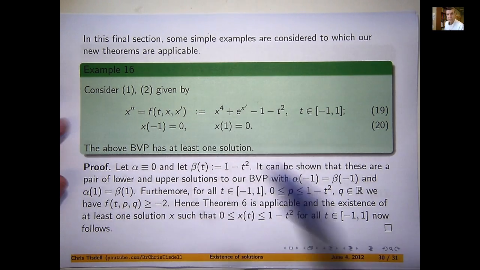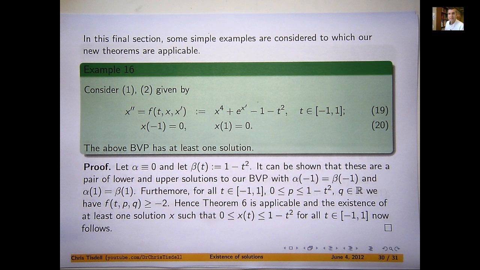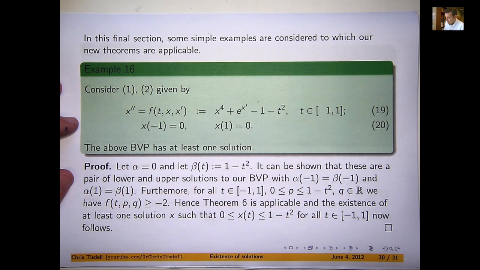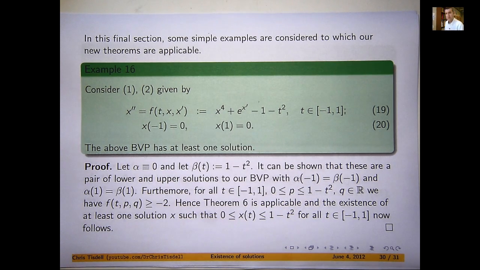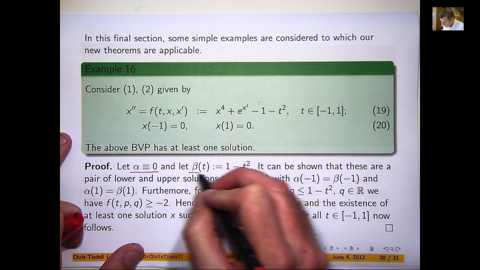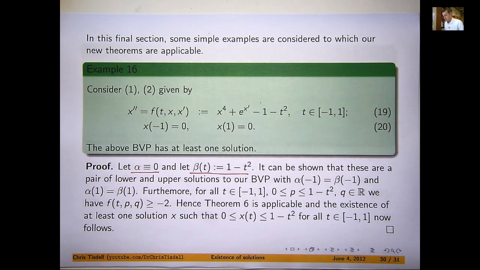So certainly this kind of f doesn't satisfy the classical quadratic growth condition of Bernstein or Nagumo, so those ideas don't apply here. It's claimed that this boundary value problem has at least one solution. The first thing we're going to do is to see if we can choose an appropriate lower solution and an appropriate upper solution.